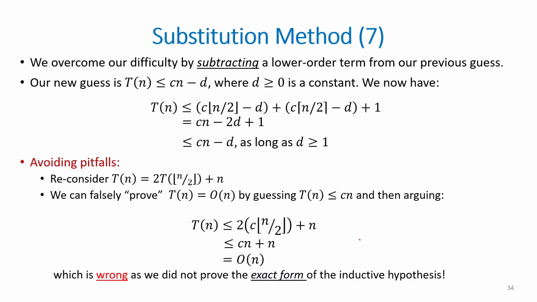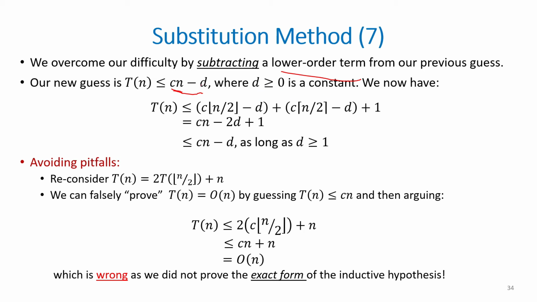Therefore, in the example that we just saw, all we have to do is subtract a lower order term on the right-hand side of the solution that we guessed for the problem. So instead of just writing cn, I would write cn minus d for some d value which is non-negative.